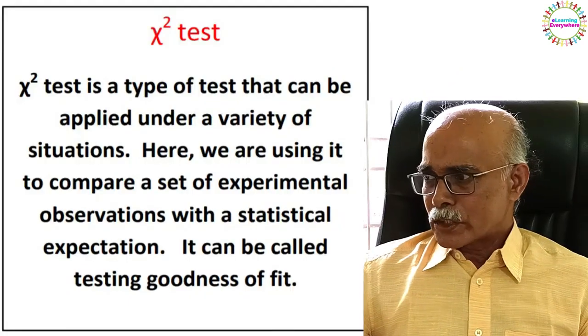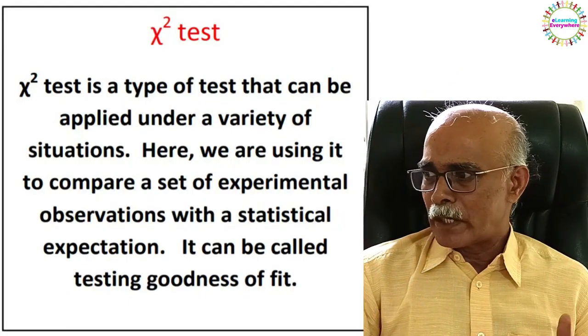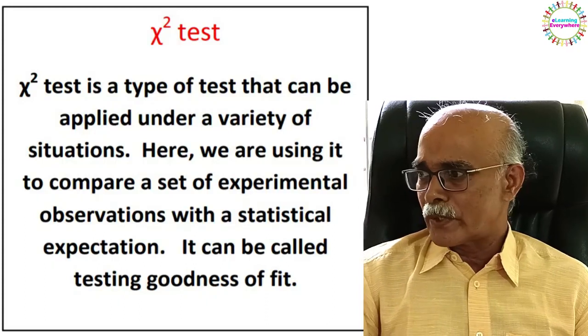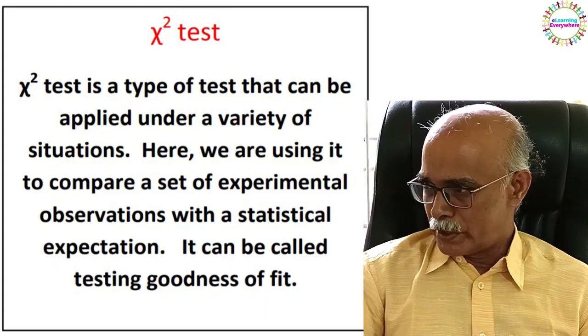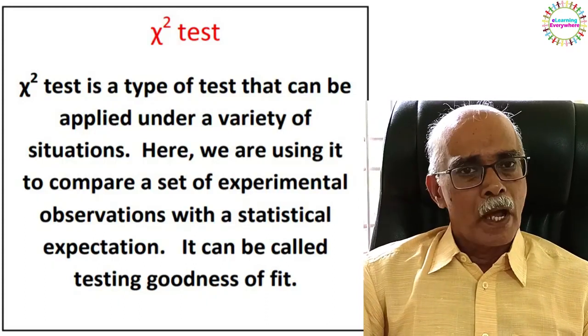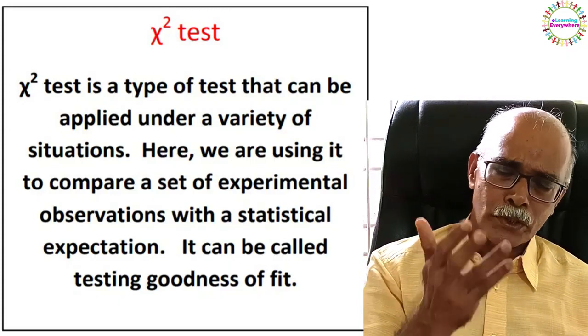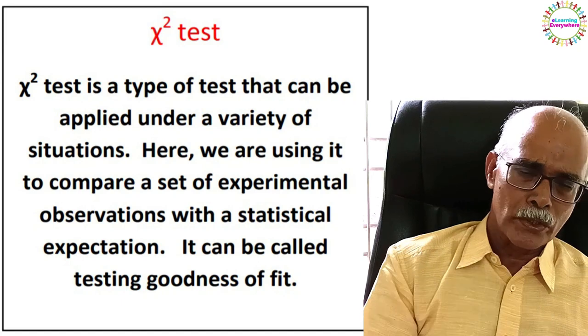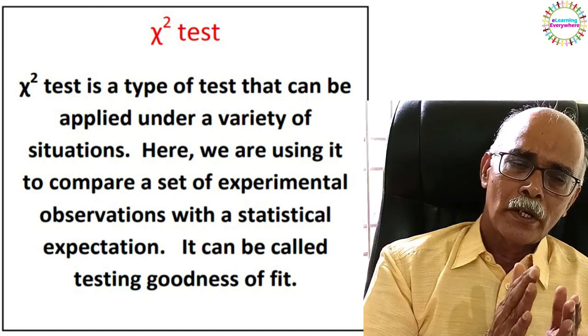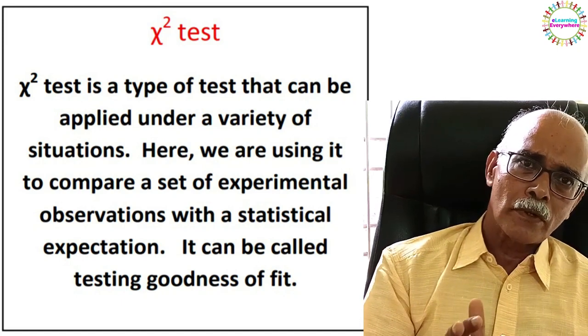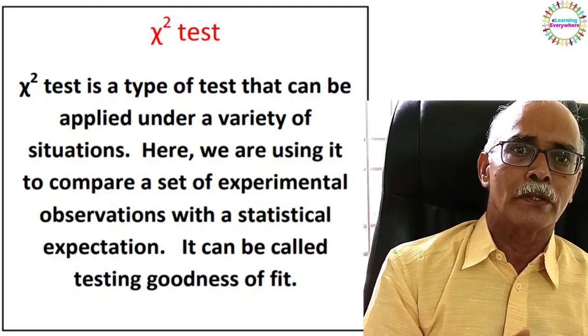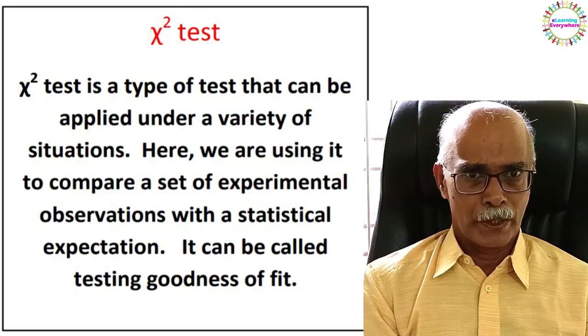So that was about t-test, and then comes chi-square test. Chi-square test is a type of test that can be used under a variety of conditions, under different situations. And one among such uses, perhaps the most important, is using chi-square for testing goodness of fit.